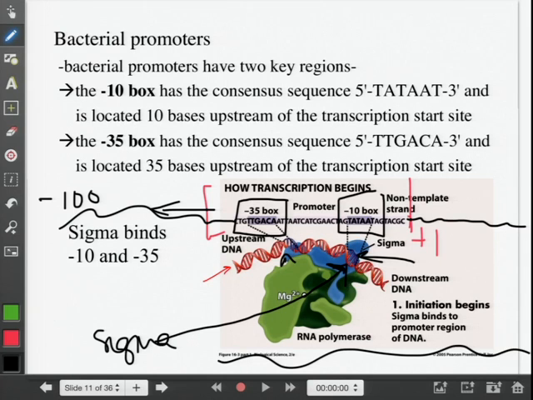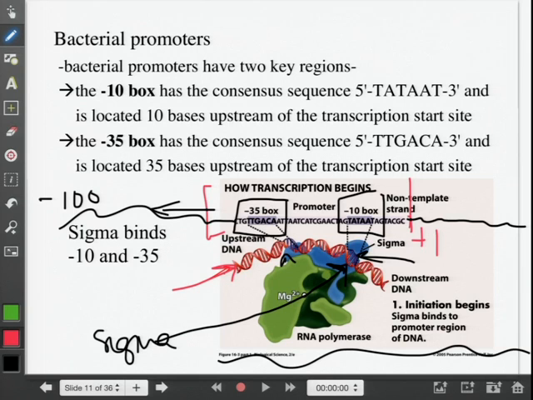So I want you to know that sigma factor requires this minus 10, minus 35 to pull in RNA polymerase to start transcription. The minus 10, minus 35 sequences are part of the promoter. And they're really double-stranded, but they're shown single-stranded just for simplicity. But you can see this guy here, they show it double-stranded when it's actually binding. They're just zooming in on one of the strands for simplicity.